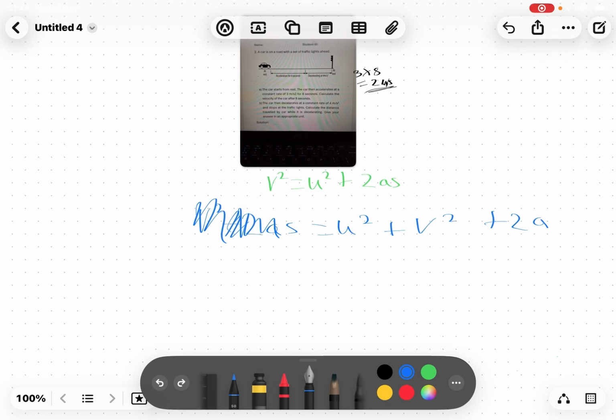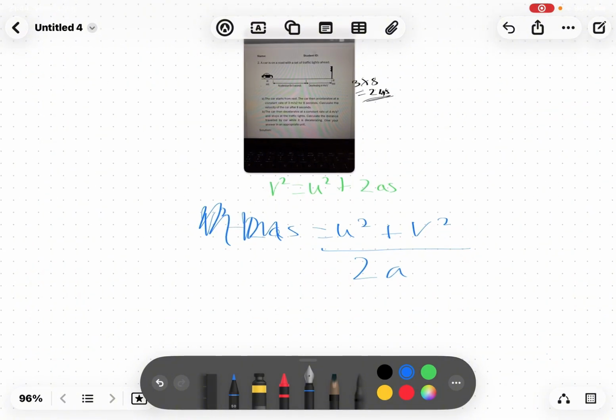Yeah, no, it was not. I also did it wrong. It's not like this, because it was times s, so it's dividing by 2a. It's positive, basically. So let's substitute the numbers.